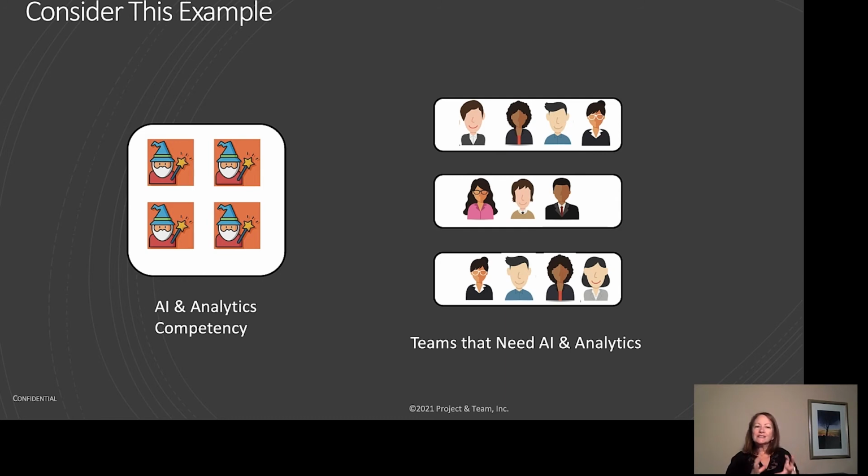And so that's a specialized competency. We'll look at the options for taking people with that specialized competency, that is skills and experience, and how do we allocate them or collaborate with these teams that need that help.